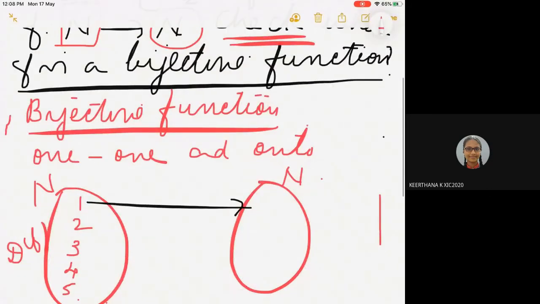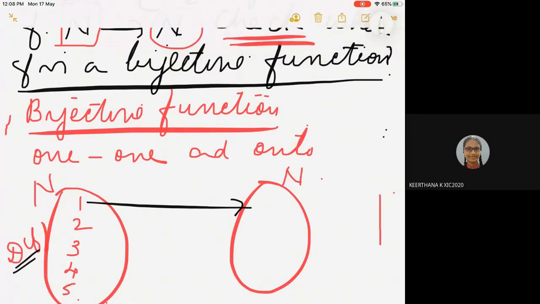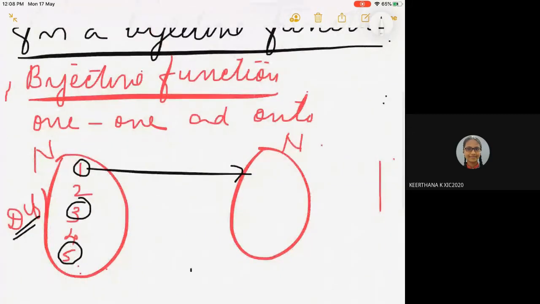So here we have some of the elements from the domain of the function, all the odd numbers 1, 3, 5. If n is an odd number, its image is (n plus 1) by 2.